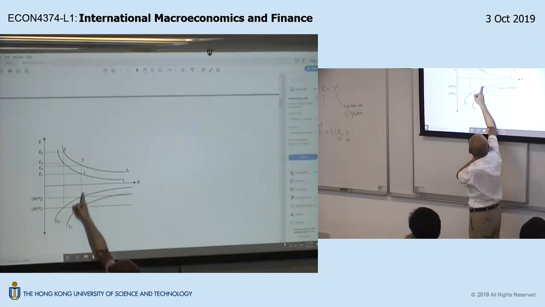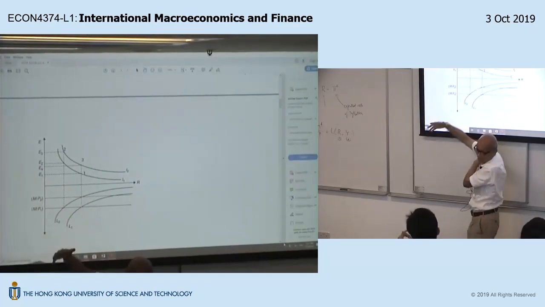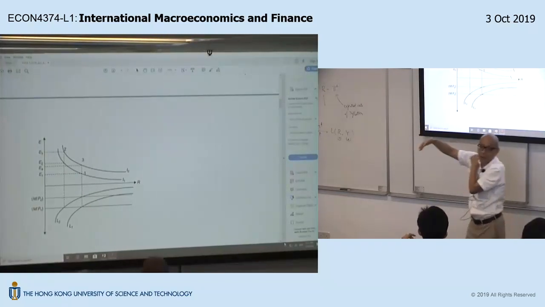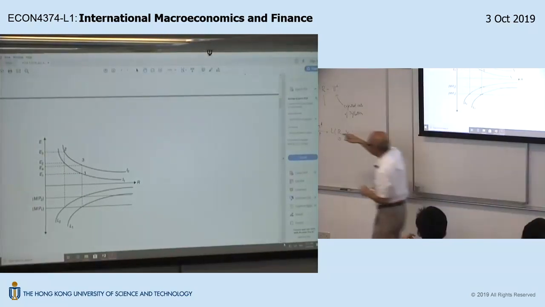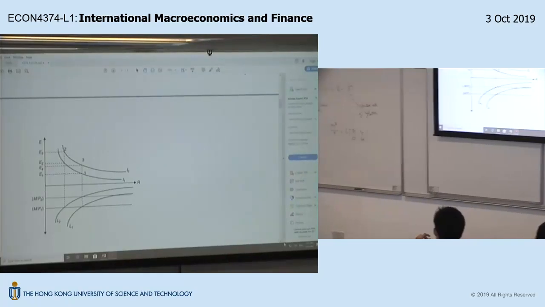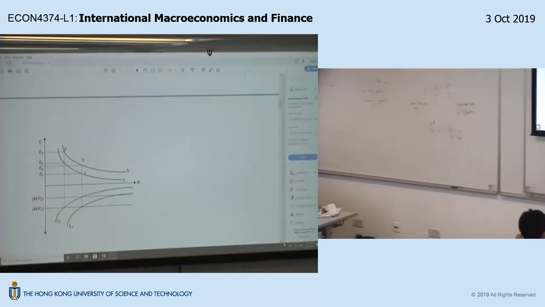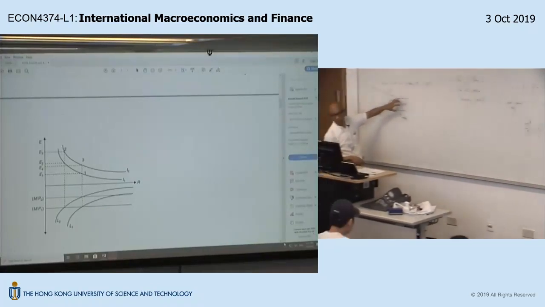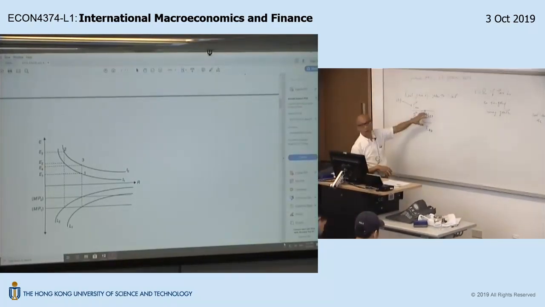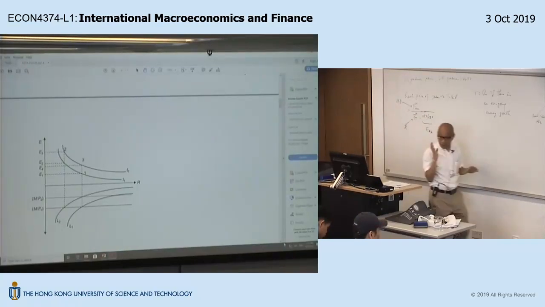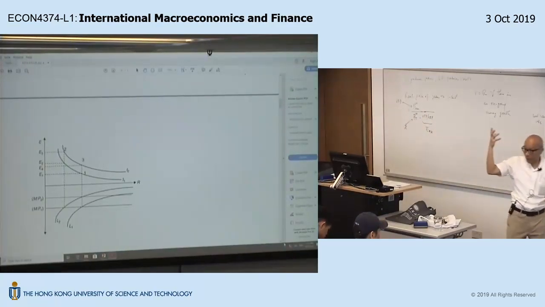The price must increase in order for the interest rate to go back to the original level in the long run. If the home price level increases, then this also increases by the same amount. If this increased by 10%, this also increased by 10%. So that's the logic behind this.